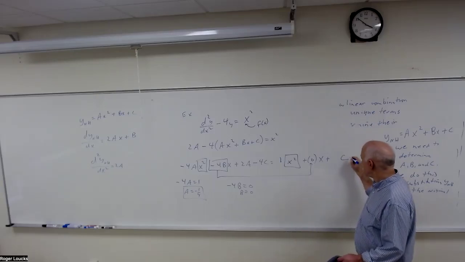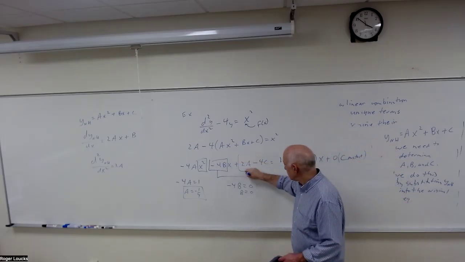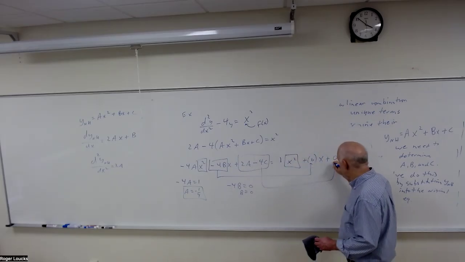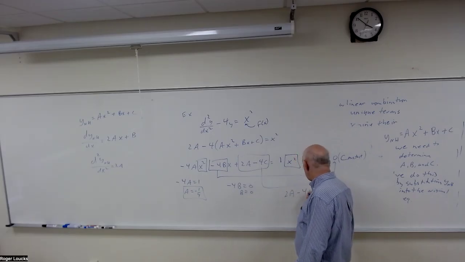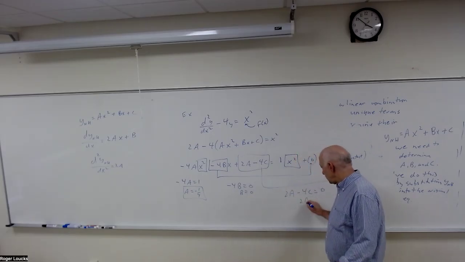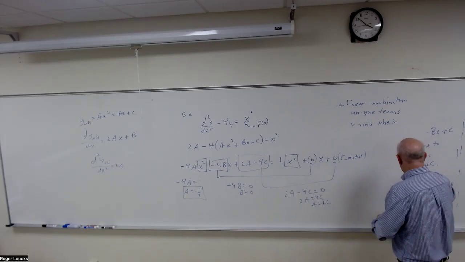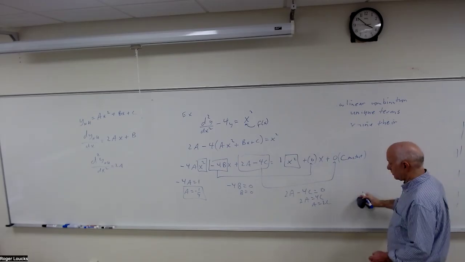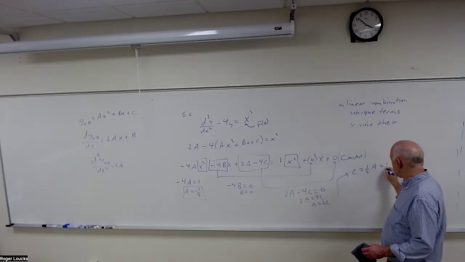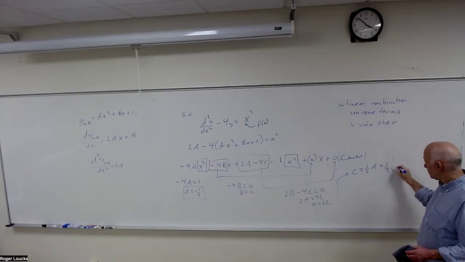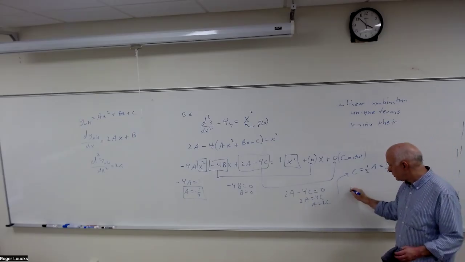I have a constant here, 0 here, so that means this whole thing here gives me 2a minus 4c equals 0, or 2a equals 4c, or a equals 2c. So what that means is c is half of a. So we have a half of minus a quarter, that's minus an eighth.